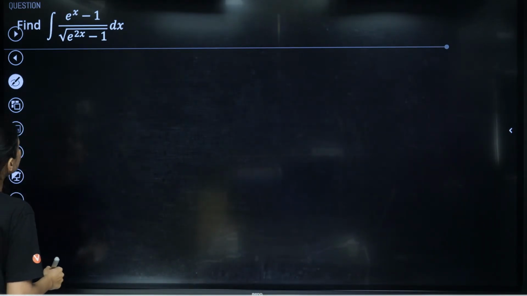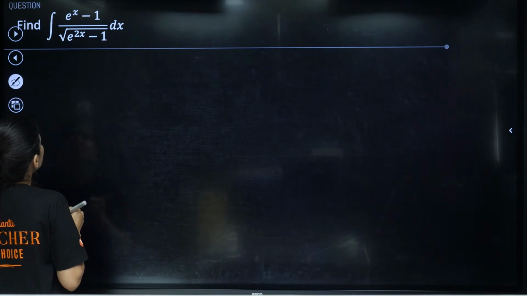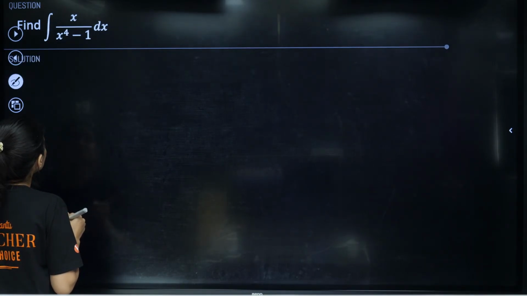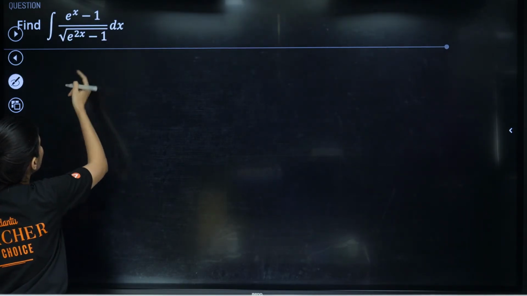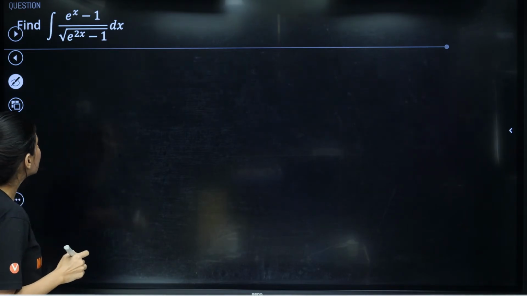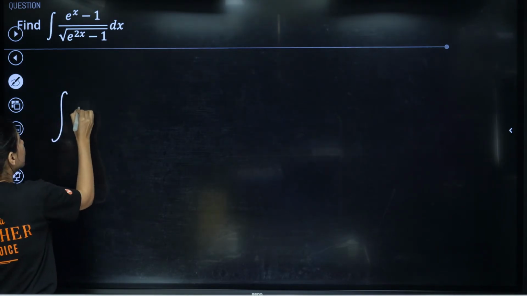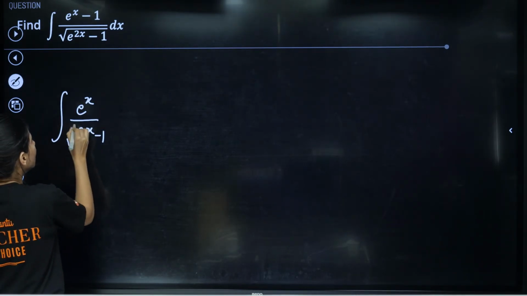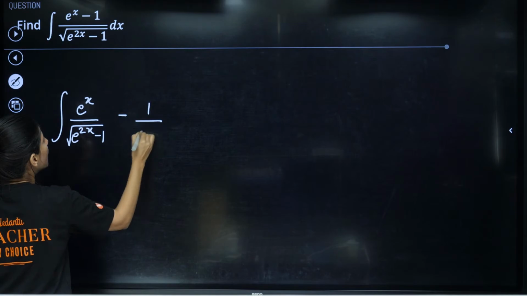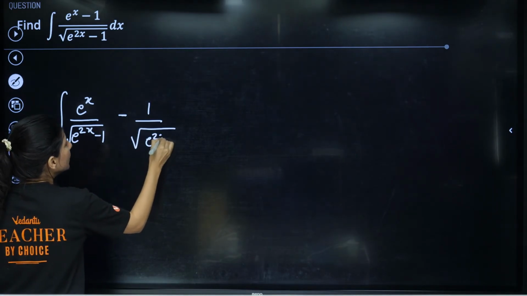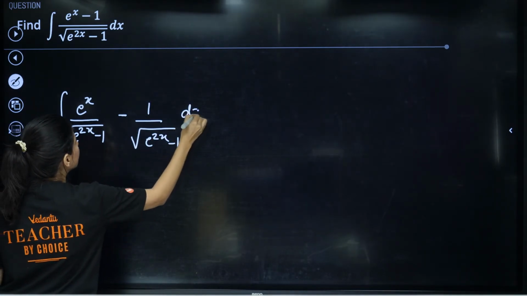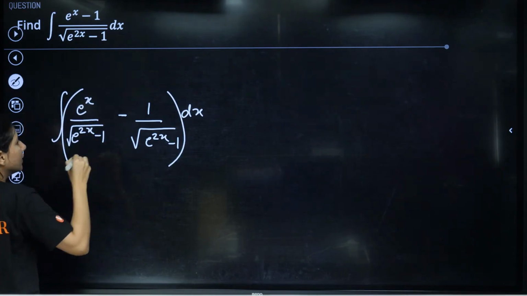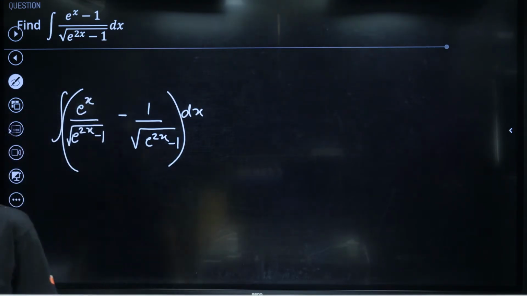Let's understand this. Now, the integral of e raised to power x minus 1 upon the root of e raised to power 2x minus 1. Let's separate it: e raised to power x upon the root of e raised to power 2x minus 1, minus 1 upon the root of e raised to power 2x minus 1, dx. Can I separate it like this?